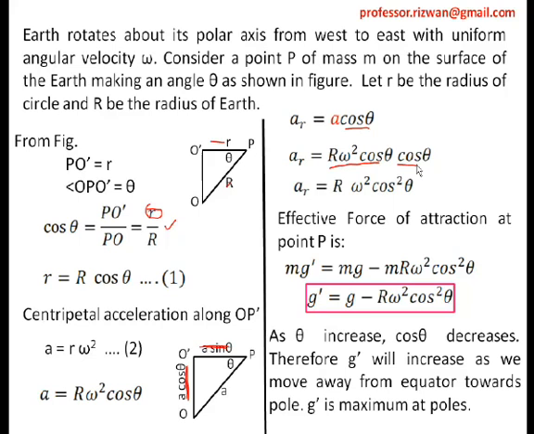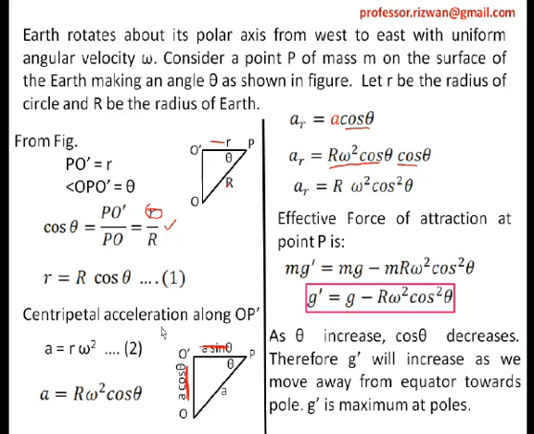So what does it mean? I need to be very clear. We must understand that the gravitational acceleration at the equator is minimum, while at the pole it is maximum. Because at the equator, in this equation you can put theta equal to 0, and the entire term goes to g minus 0.